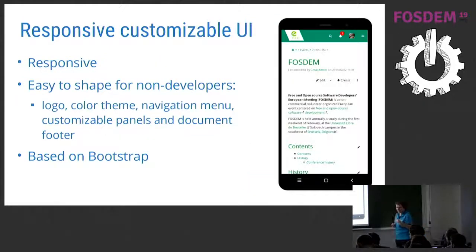Also, by default, you have a responsive, customizable UI. You have the default UI of XWiki, which you have seen in the screenshots until now, which is nice, really cool, but it doesn't contain your client's logo or your client's colors. However, it is responsive, so you have an application that is already responsive out of the box. You don't have to do anything for it.